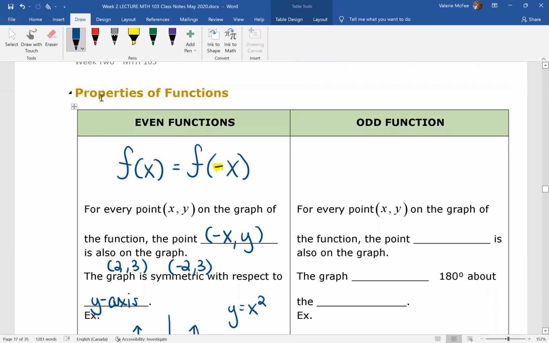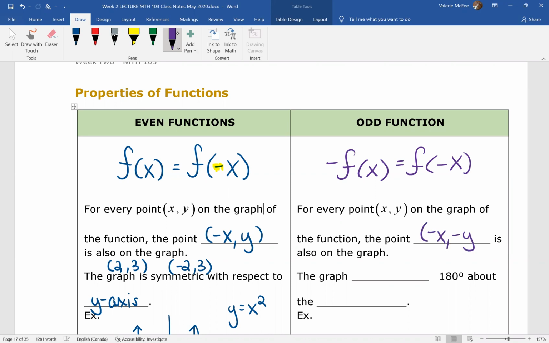We have an odd function graph if the negative of f of x equals f of negative x. So notice here, when the x values are the opposite of each other, the y values are the opposite of each other. For every point x, y on the graph of an odd function, the point negative x, negative y is also on the graph.